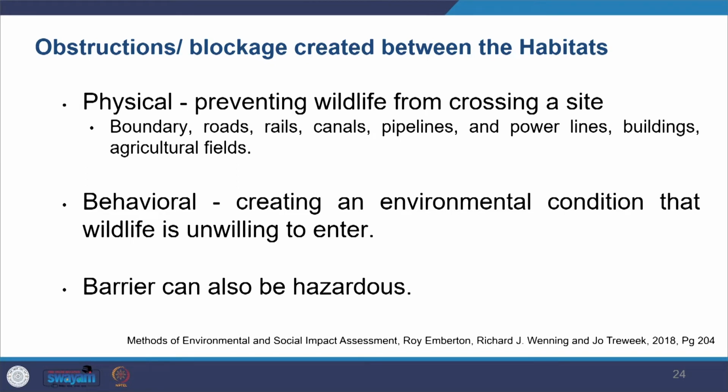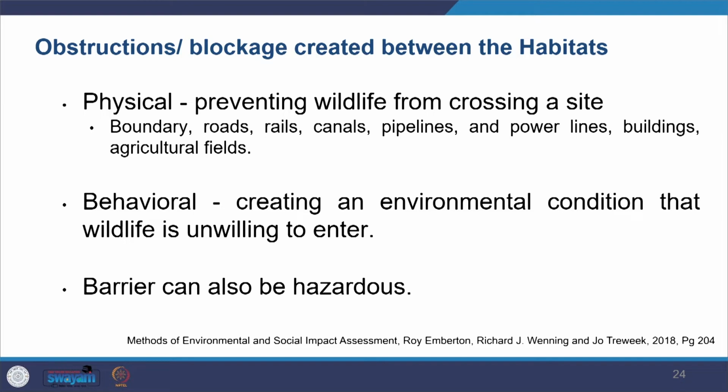For example, you must have seen roads, rails, canals and pipelines, which interfere with the passage of animals from one place to another, or divide their habitat. Those can be the physical barriers one creates, and sometimes one also creates behavioral barriers, where you create an environment which wildlife are unwilling to enter.